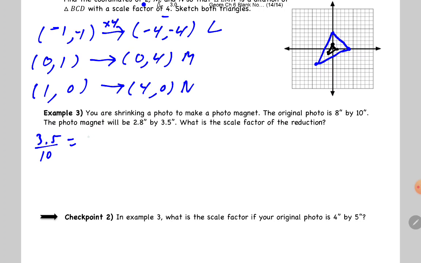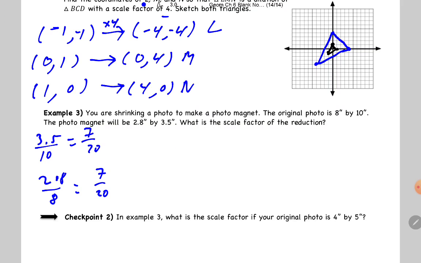And this would become 7 over 20. And just to make sure, we're going to check 2.8 by 8. And that is also the same thing as 7 over 20. And that's something that you can use in your calculator, if you don't believe me.